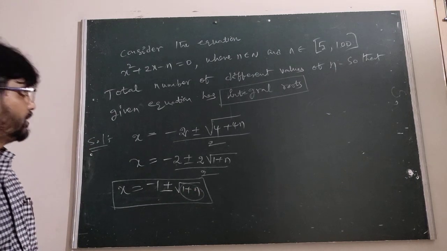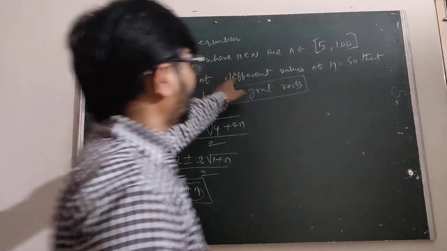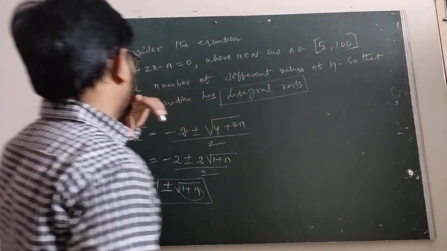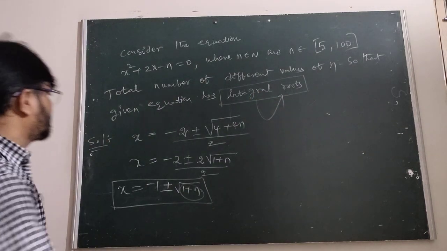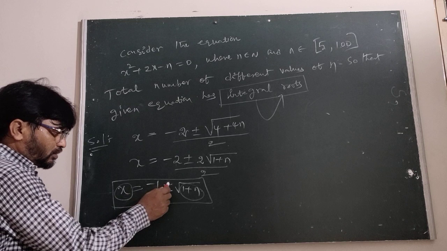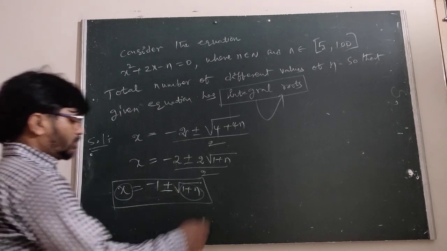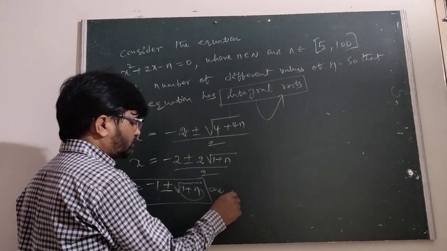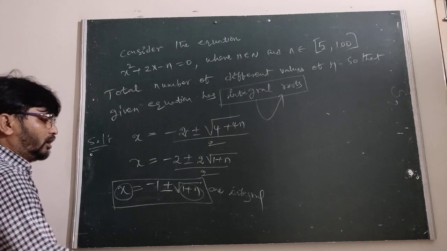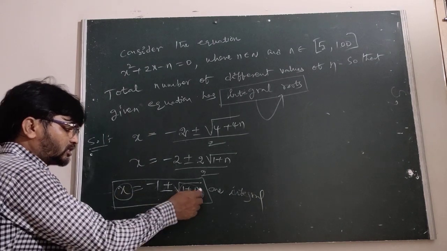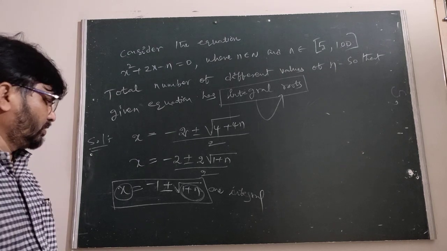So given that the total number of different values of n so that the equation has integral roots. Here the roots are minus 1 plus or minus root of 1 plus n, and the roots are integral. Now, when the roots are integral, 1 plus n must be a perfect square.